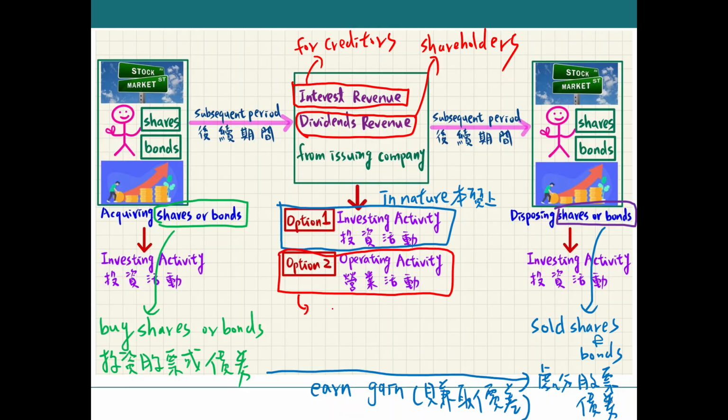Why? Because interest revenues and dividends revenues, you could find out both of them on income statement. Okay, so two options depends on you, investing or operating.